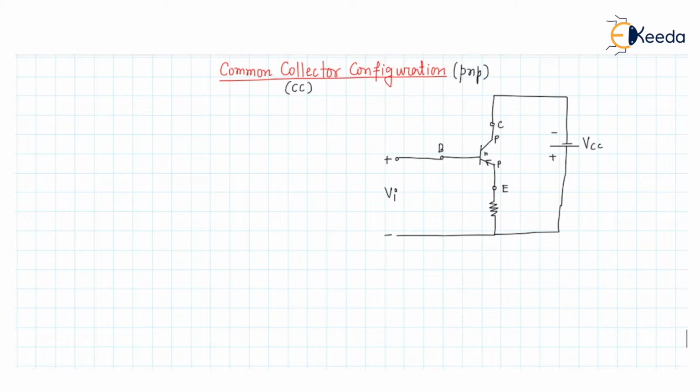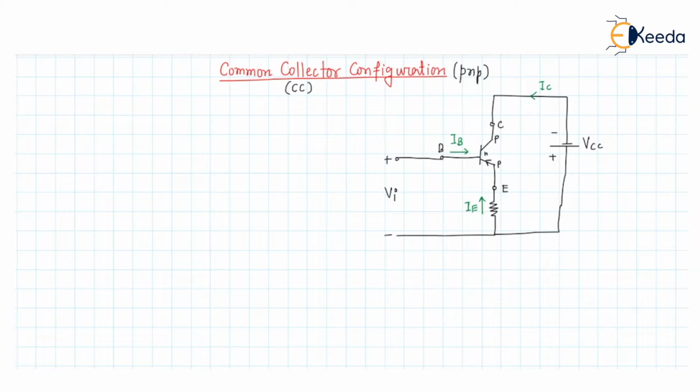So we can say that the IB current direction will be here, and there will be an IC current flowing, and there will be an IE current also flowing. If I take the IE current direction inward, I can take this.